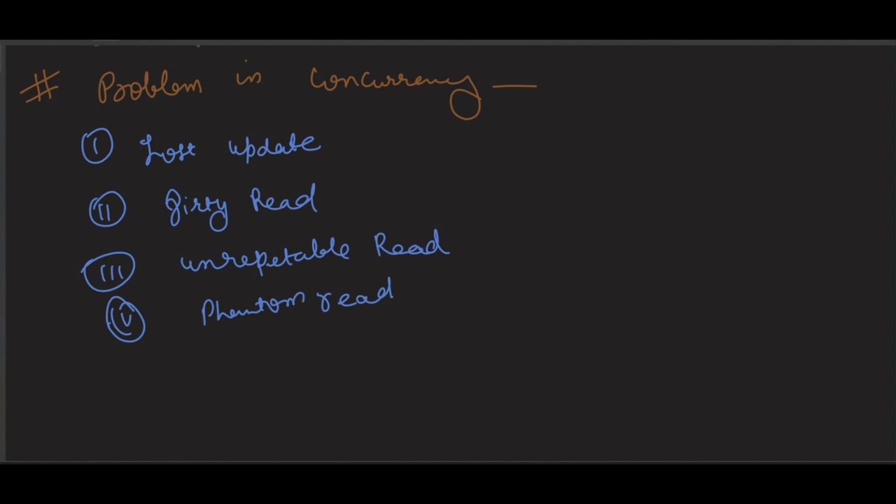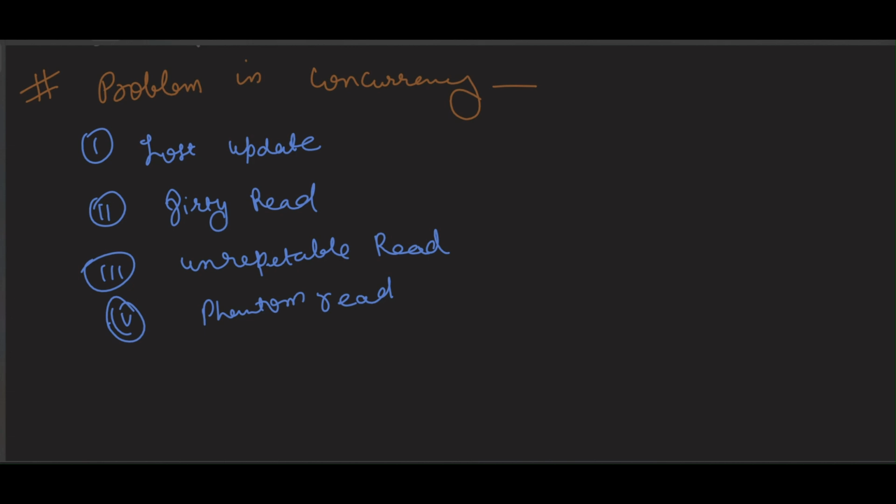For example, reading a value that might later be rolled back. Suppose you have a transaction and at the last step it gets rolled back. So in dirty read, you have read a transaction as if it has occurred, but that transaction did roll back. So this comes under dirty read.